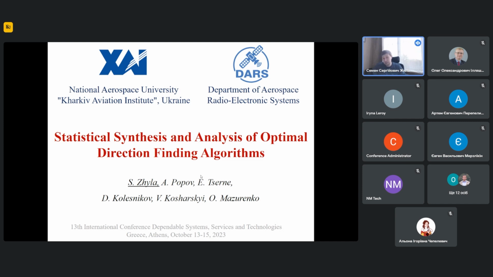We started to do this project and started to analyze how to improve the quality of Direction Finders and how to place them on UAVs and to improve their characteristics. And we were interested to make it in a compact way and to make it high quality and wide range of unambiguous measurements of angular positions.